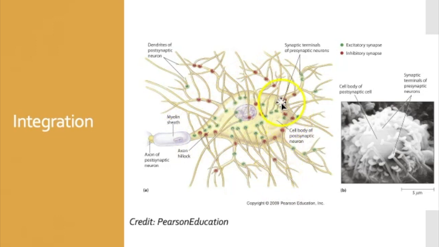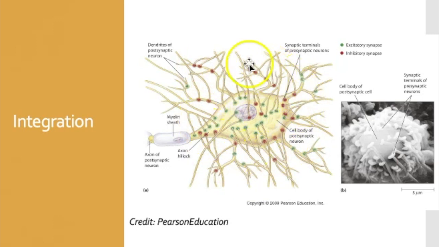You can see in this drawing that this neuron cell body is receiving signals that are sort of green colored. Those are excitatory signals, as well as signals that are red colored. Those are inhibitory signals.